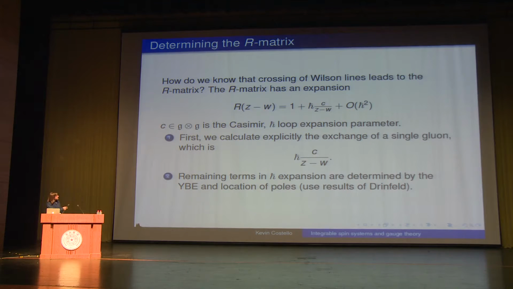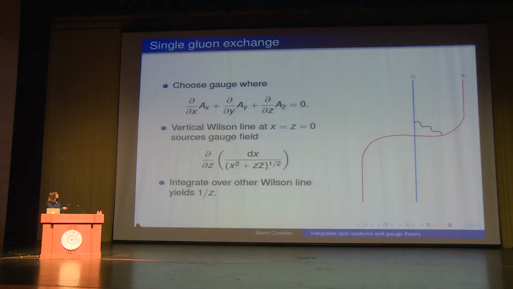So let me sketch the simple computation which tells us that the exchange of a single gluon looks like this. Remember our gauge theory, there's only a 3-component gauge field. So we'll choose a gauge where the gauge looks like this, and then you can just write down the propagator in this gauge, and you can ask, what is the gauge field sourced by this vertical Wilson line?